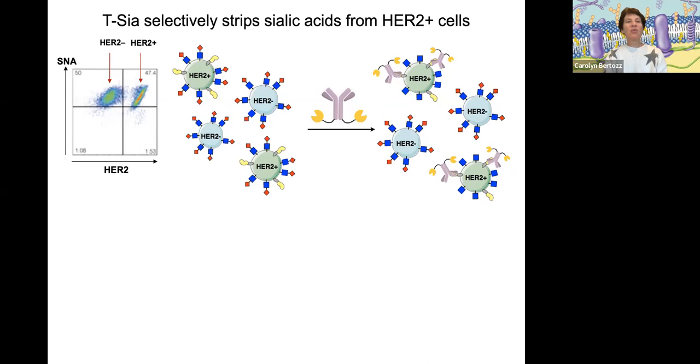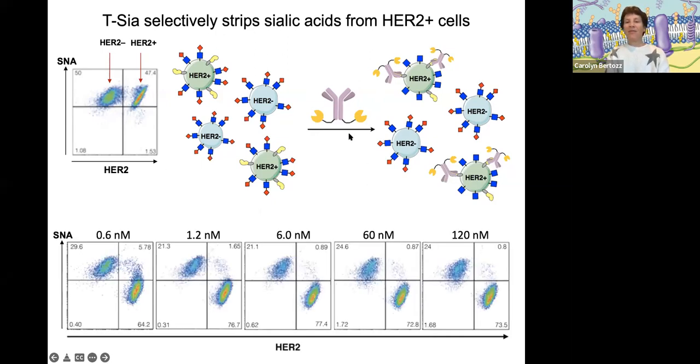And so you can see this two-color plot where the HER2 is on the x-axis and the SNA staining is on the y-axis. You can see the two populations that are HER2 positive or HER2 negative and roughly having the same amount of sialic acid. Then when we add our T-Sia reagent to this tube in various doses, we can monitor its efficacy in taking off the sialic acids by just looking at changes in SNA staining.